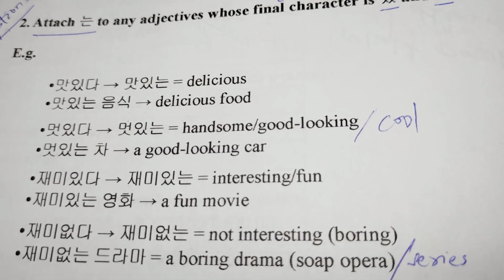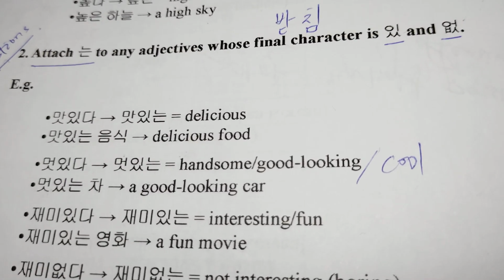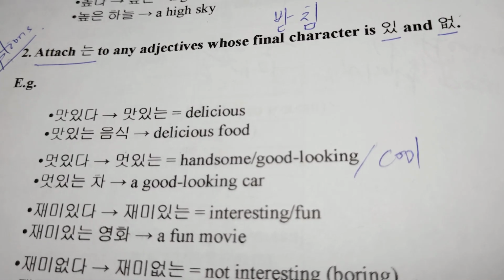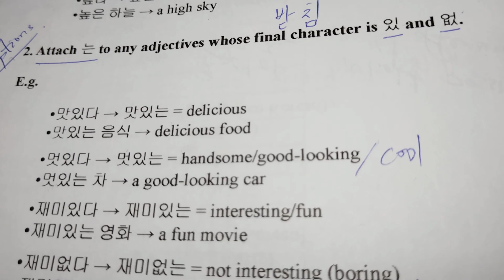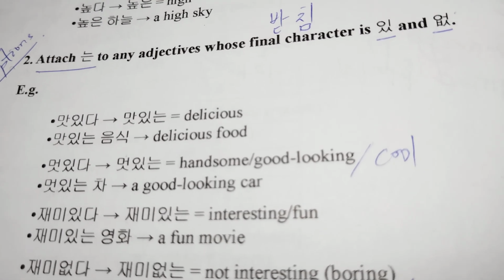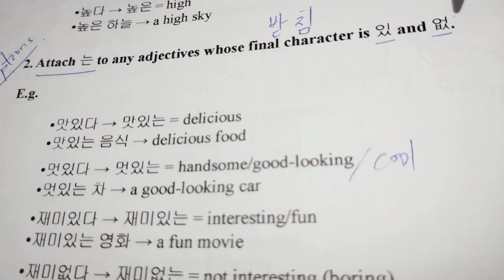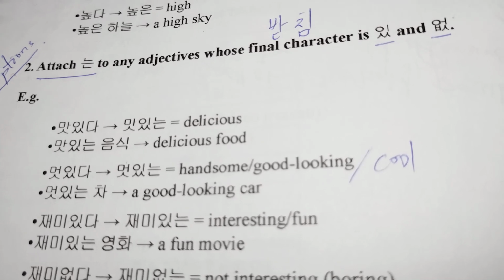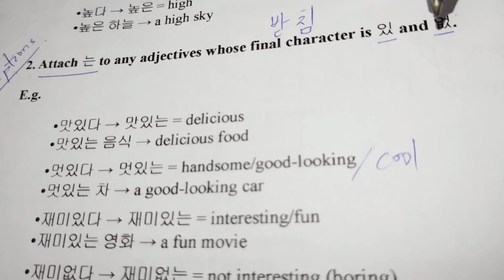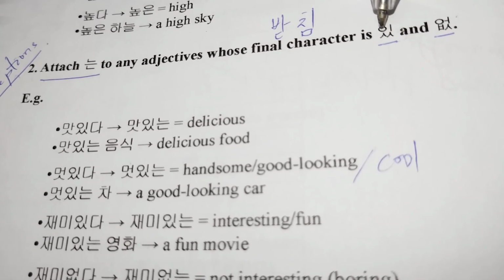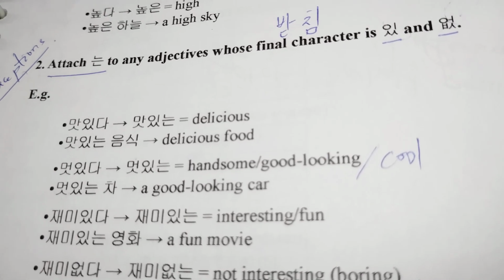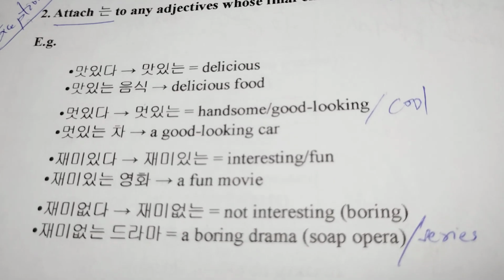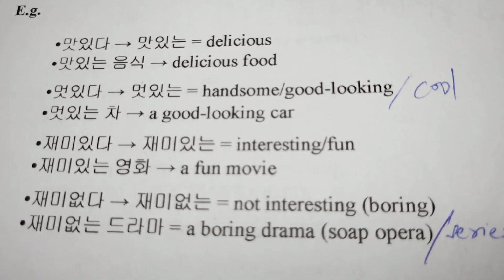From now on, we're going to see the exceptions to what we saw right now, that is, the ones which have batchim. Suppose the final character, after removing da, is itta or opta. In that case, all you have to do is add nin to the end.